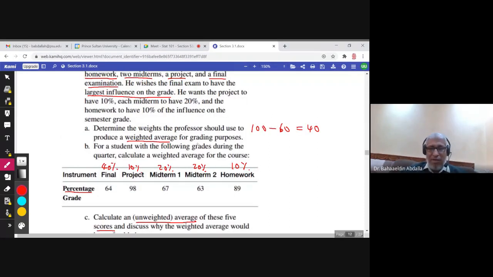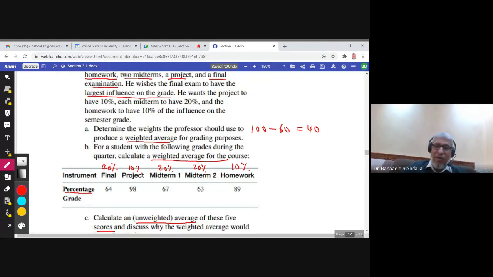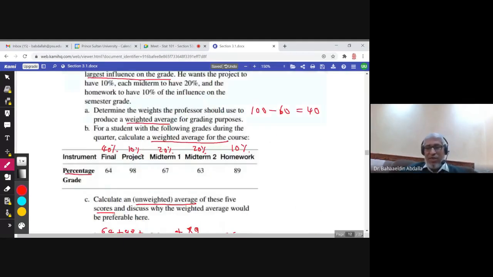So how do we find the weighted average for this course, for the grades? The weighted average of the grades would be summation Wi times Xi, where Wi are the weights, 40, 10, 20. So to solve part B, you multiply 64 times 40 plus 98 times 10, and so on, up to 89 times 10.